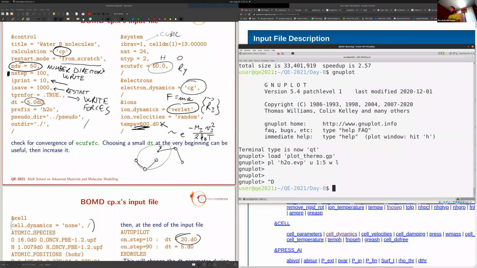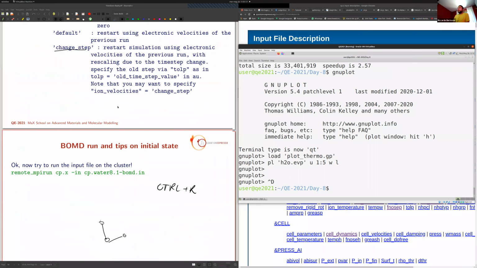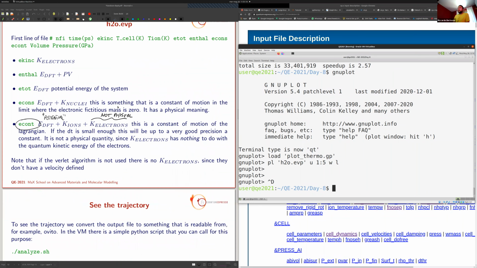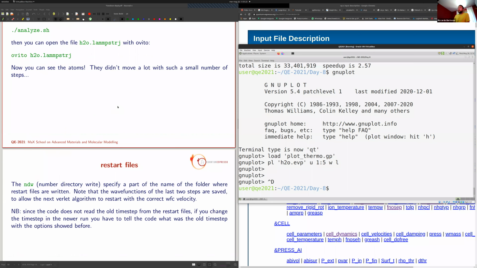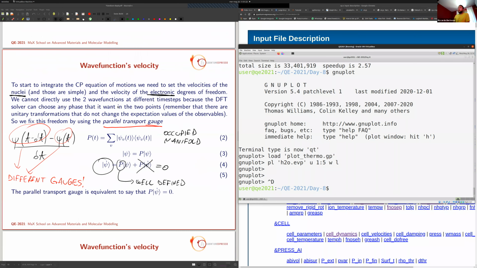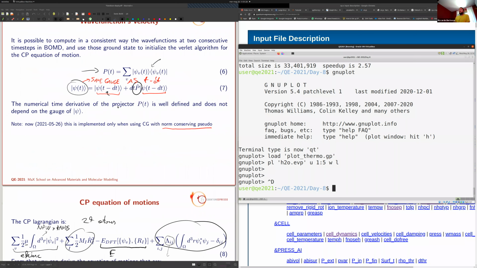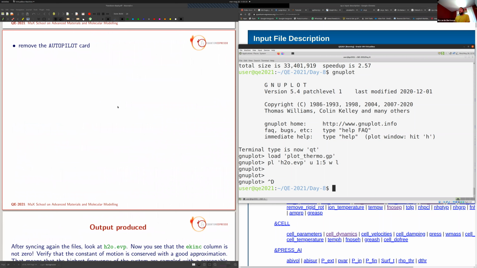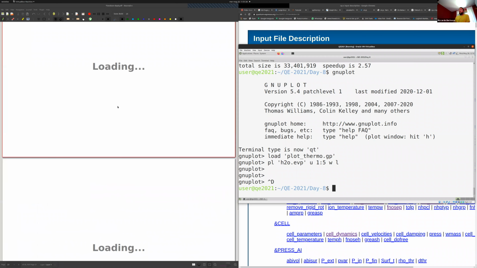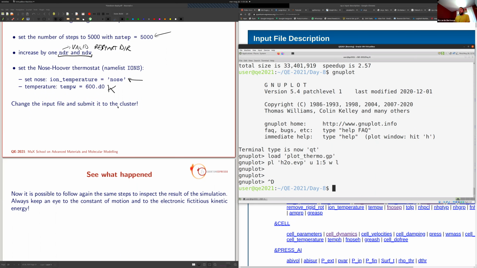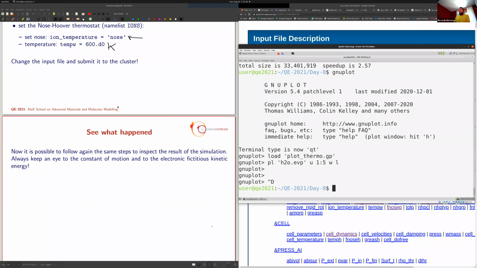So now our simulation is working very well, but now I'm going to explain a little trick that can be useful if the simulation is more problematic. What do I mean with more problematic? I mean that maybe there is some energy exchange between the electronic degrees of freedom and the ionic degrees of freedom.